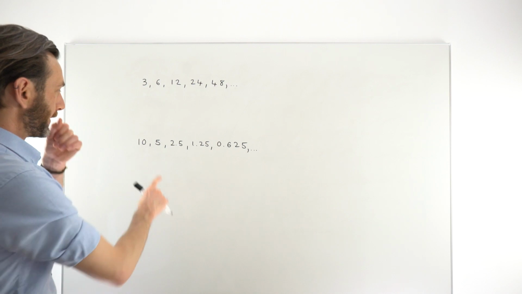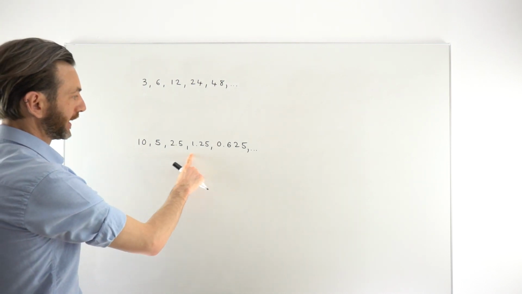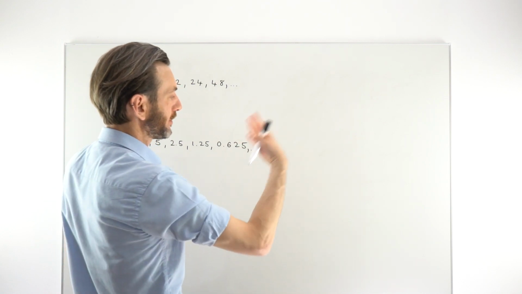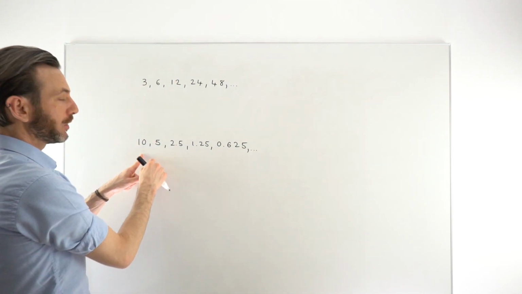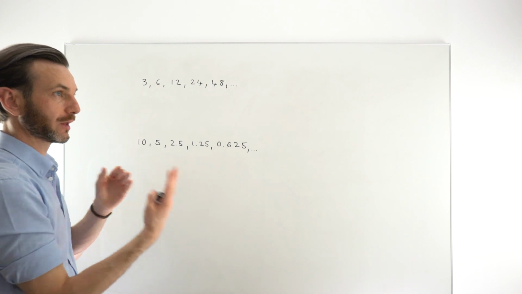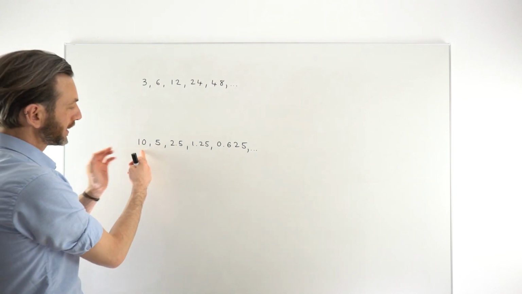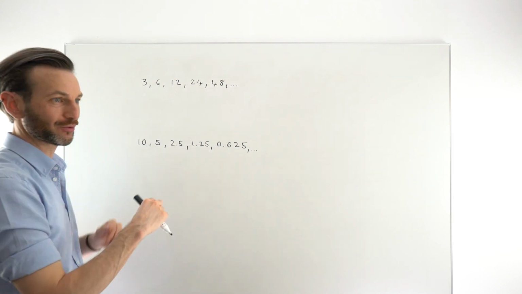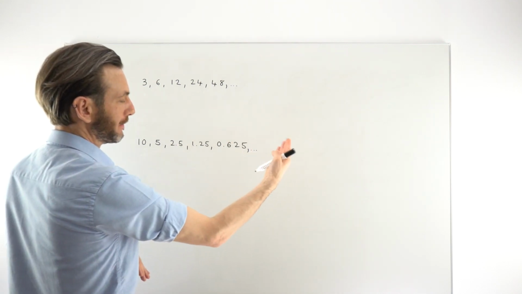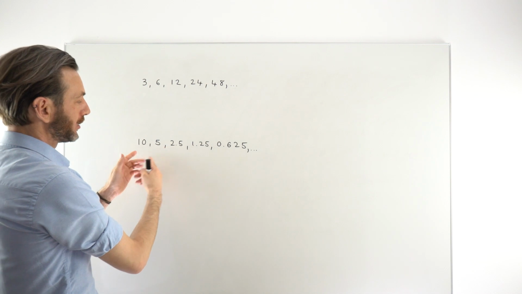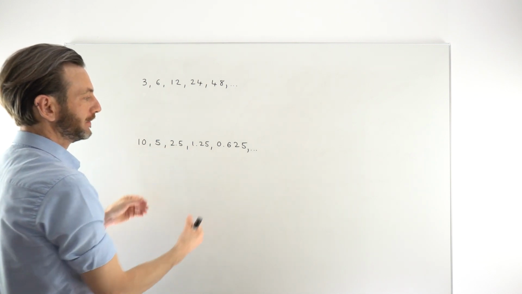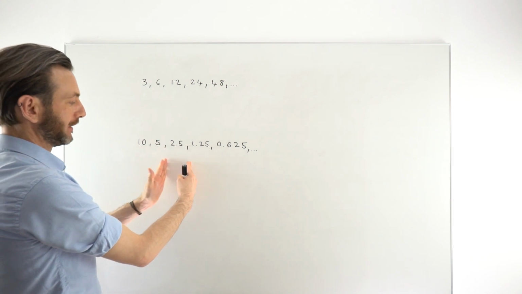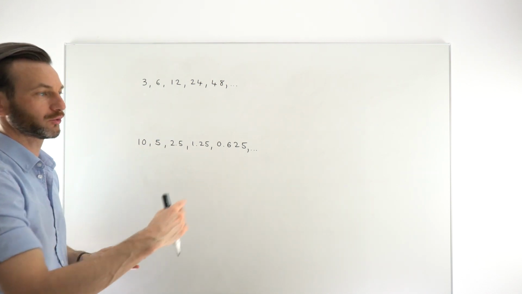This one is going to get smaller and smaller towards 0, but it can never pass over 0, because you're multiplying by 1/2, which is a positive number. There's no way to multiply a positive number by another positive number and get a negative. You're effectively halving the number every time, bridging the gap between the number and 0 by halving it and halving it, so you get closer to 0.